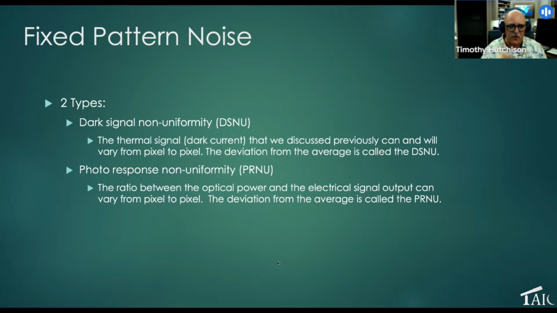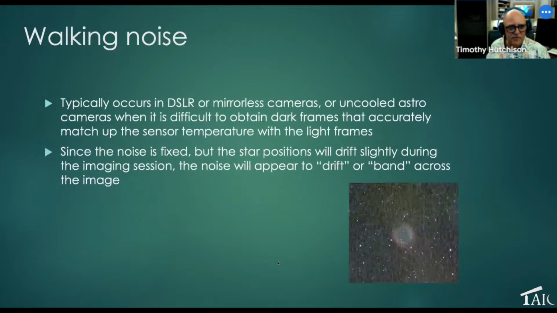And that's what's called photo response non-uniformity. The deviation from that average is the PRNU. Is all that clear as mud? Yeah, you can't answer me anyway. I'm going to assume that you understand what I'm talking about. Okay. So those are two different pieces of fixed pattern noise.